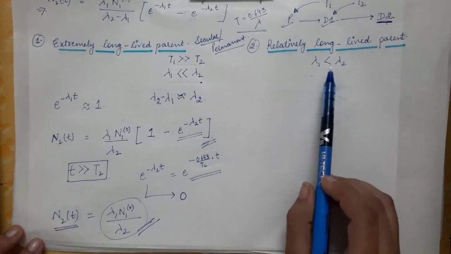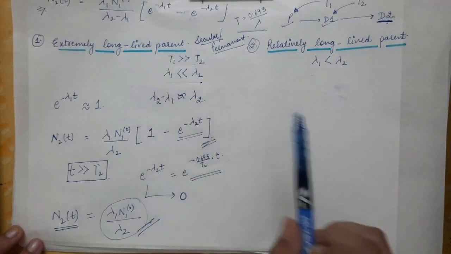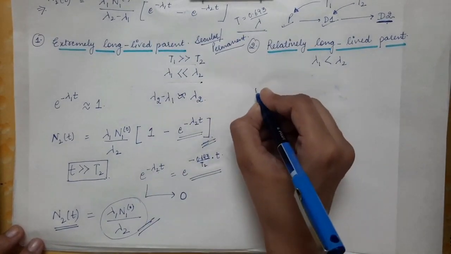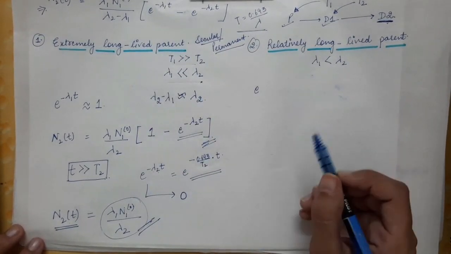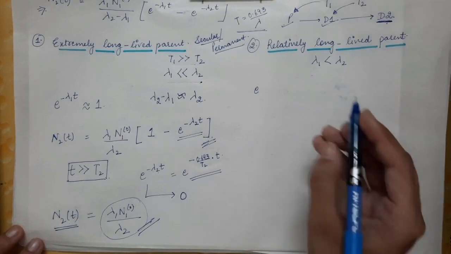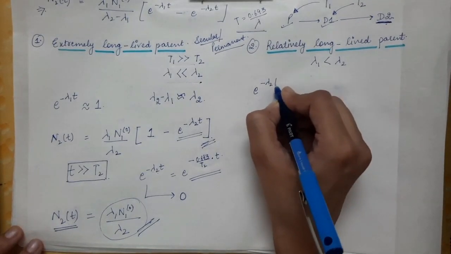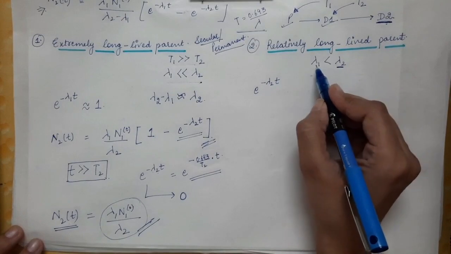So what will be N2 in that case? After some time has elapsed, consider e power minus lambda 2 t. Now lambda 2 is greater than lambda 1.